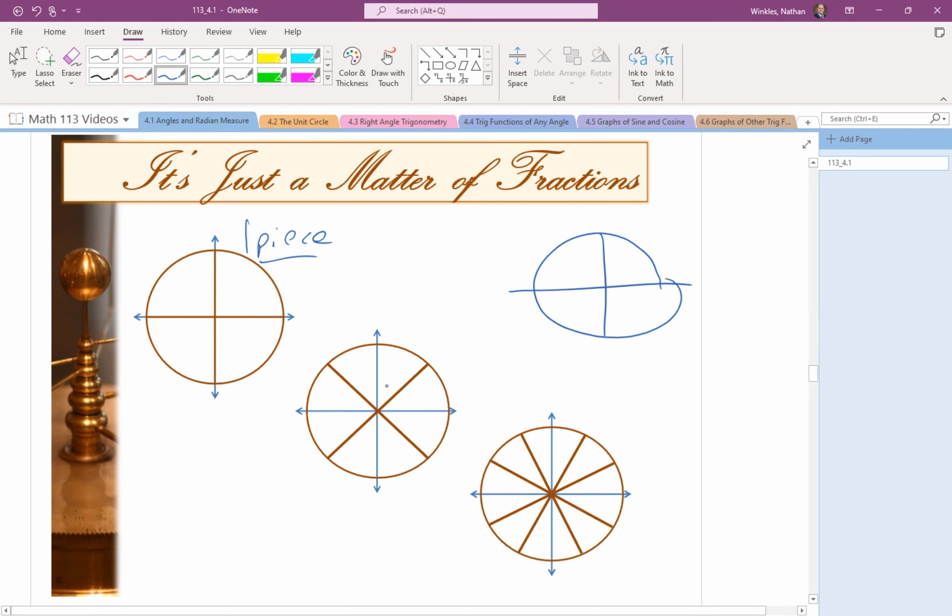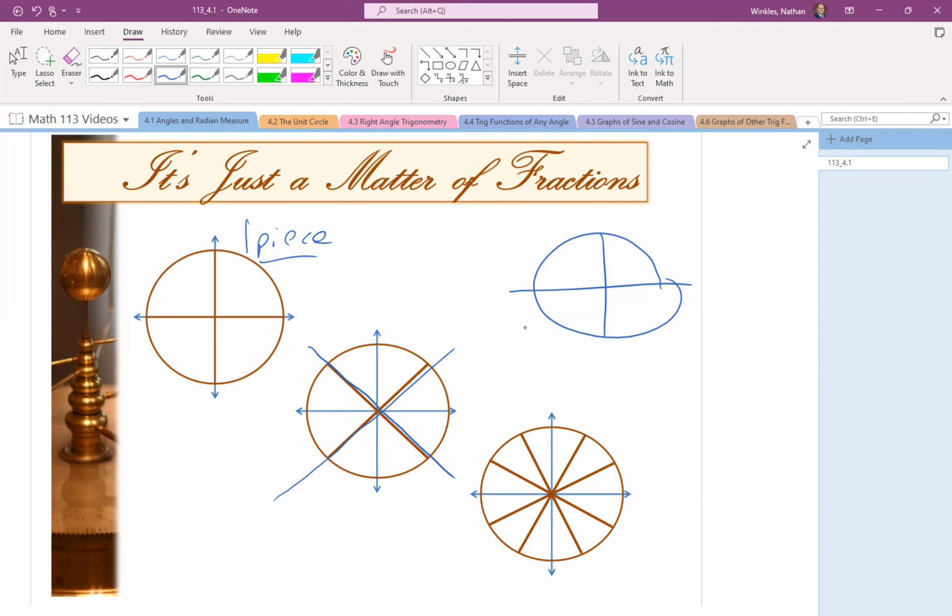But if we were to draw lines through it, we would create 4 pieces. Then I could take and draw another one over here and get 12 pieces, depending on if you count your axes as pieces or not.